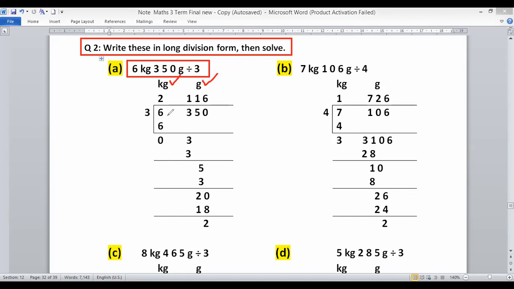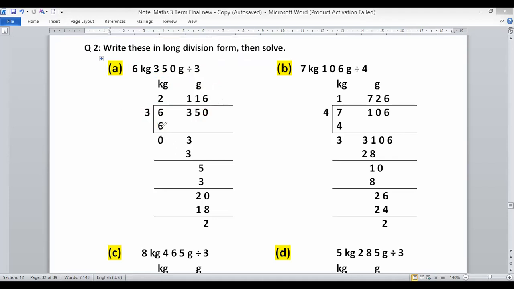We write these two in different columns, and after that we write this 6 below kg and these 350 grams below grams. After that we put these two lines like this and divide by 3.